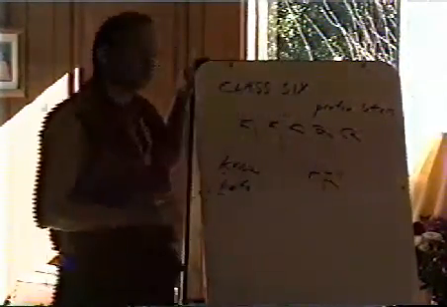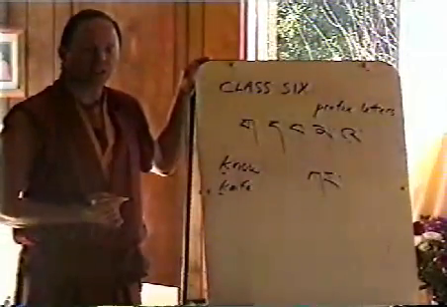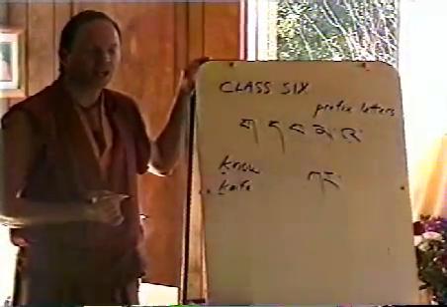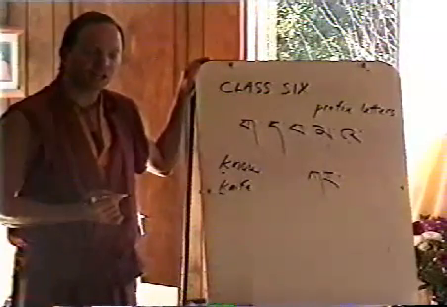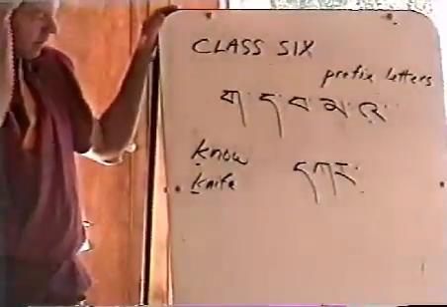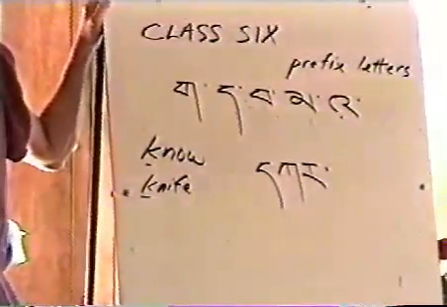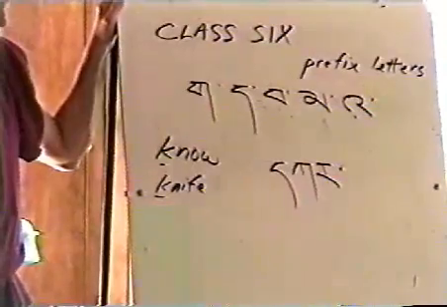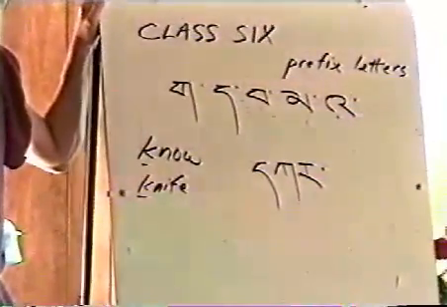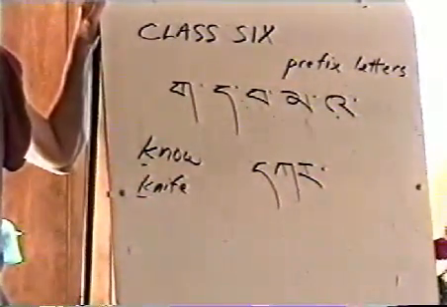For example, if you had that, that's Jorlo ka ra kar, say ka ra kar. Add a prefix letter. The rules for changes in pronunciation are the same as with the head letters.